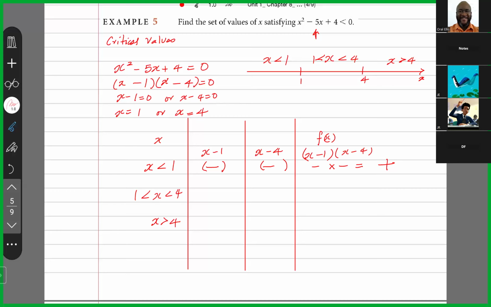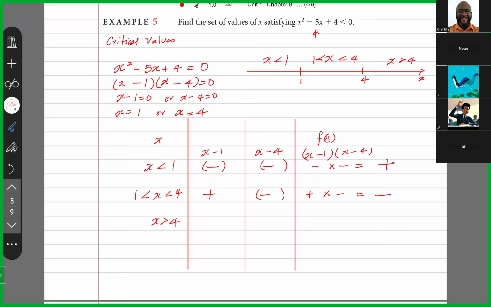If x is 2, x minus 1 would be 1, which is positive. x minus 4 would be 2 minus 4, which is minus 2, which is negative. A positive times a negative is equal to a negative. So for values of x between 1 and 4, f of x is negative.